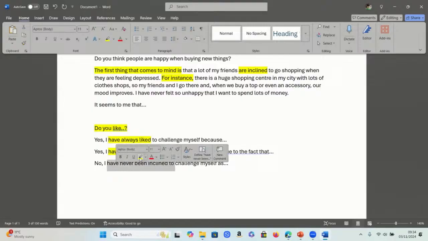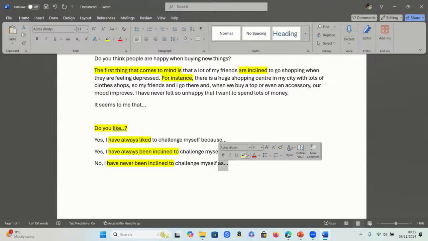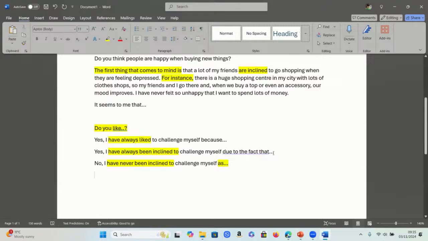Here you've got a very good one as well, because you've got present perfect. You've got inclined to instead of liked. You've put never, so you've done the negative, which can sometimes be a little challenging. And this time you've got as instead of because, which is also showing variety in your vocabulary and joining words.